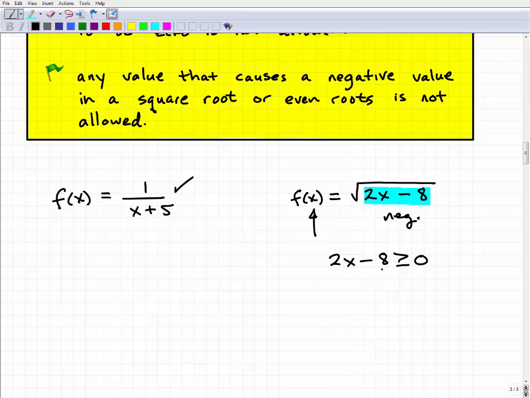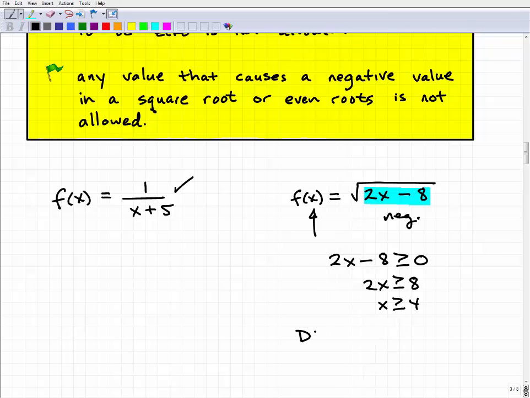So 2x minus 8 has to be greater than or equal to 0. Now we just solve that inequality. That's going to be 2x is greater than or equal to 8, or x has got to be greater than or equal to 4. This is the restriction that we have to describe in terms of our domain.